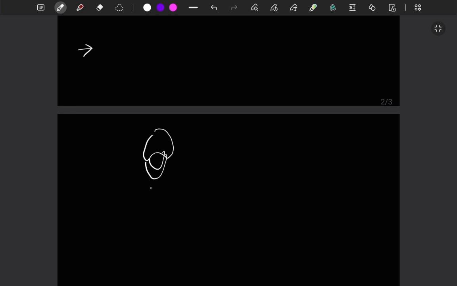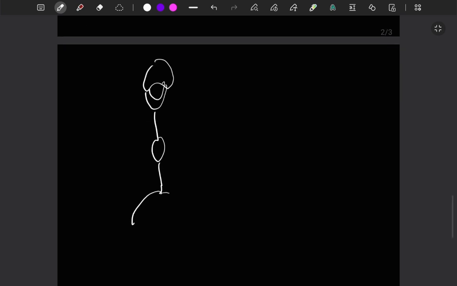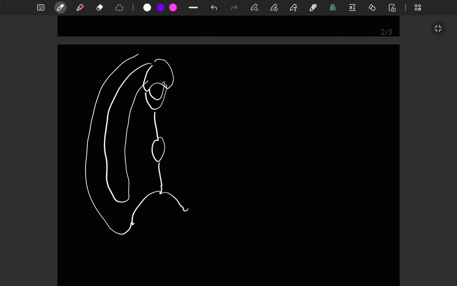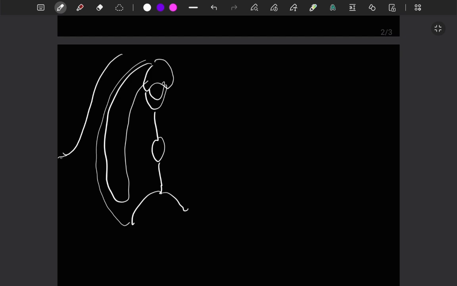It's very useful. This is the suspensory ligament.